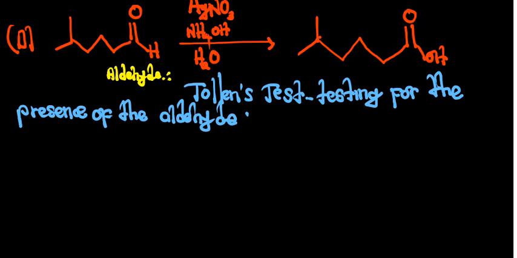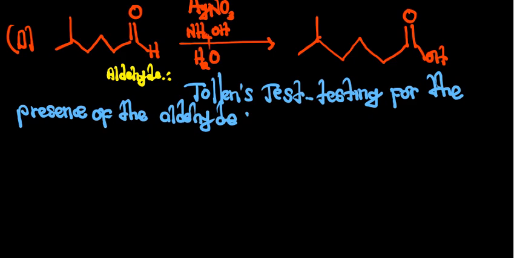And I'll repeat that again. The silver nitrate is a test for the presence of the aldehyde, and that test is what we're calling the Tollens test. And if the aldehyde is present, our end product is a carboxylic acid. And that is what we're having right there.